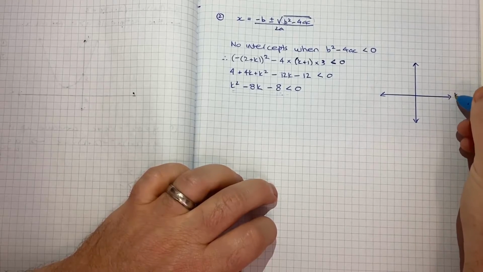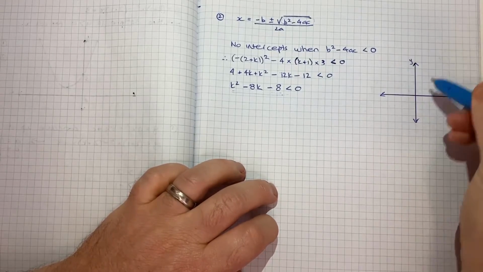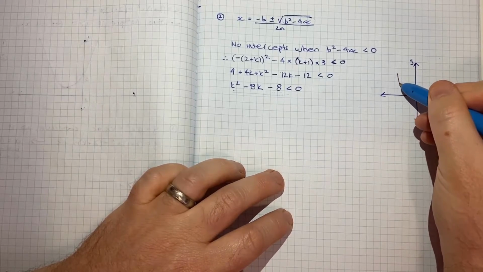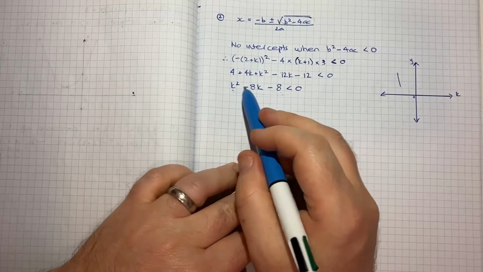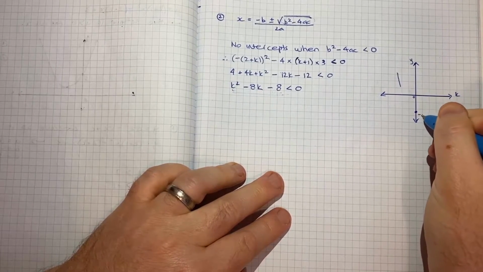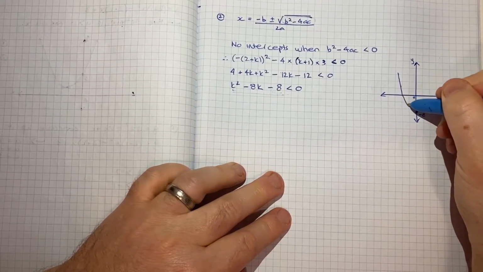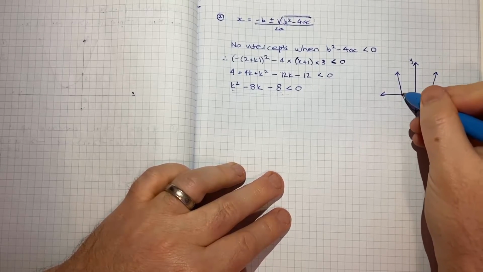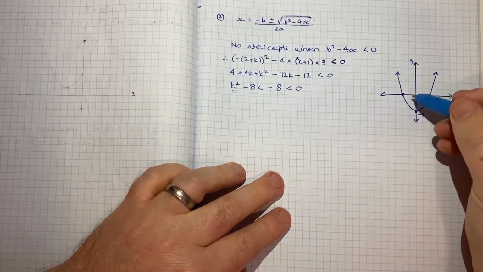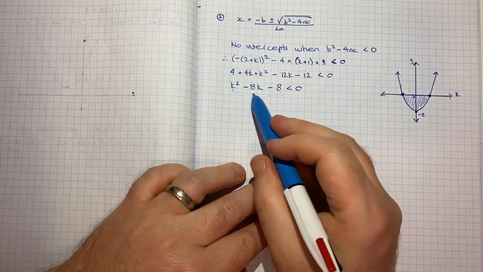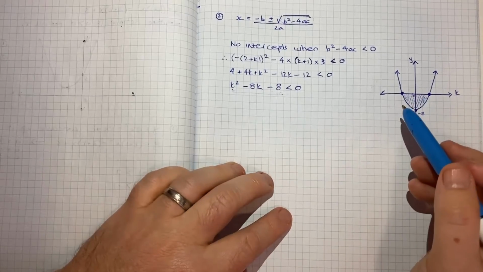So here we're looking at k, and let's just call it y. When k is 0, this will be negative 8, so this will intercept at negative 8. We want to know what are these two intercepts, and then between those two intercepts is when this will be negative. So what are the intercepts?